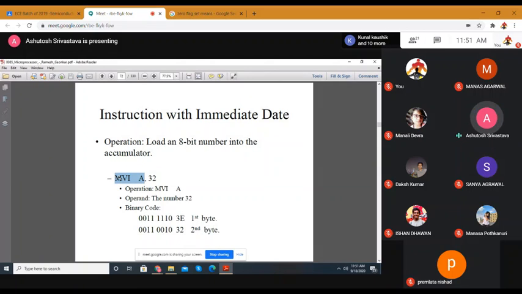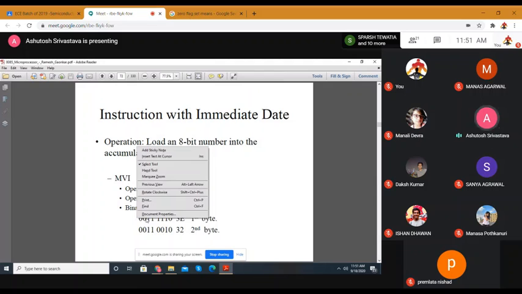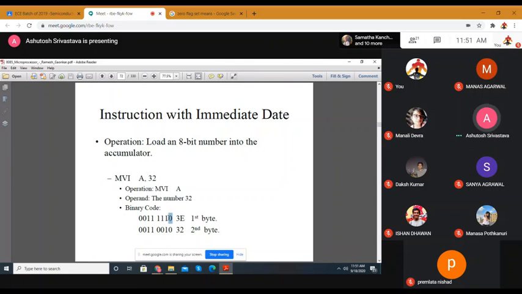So the machine only understands this, up to this or this.